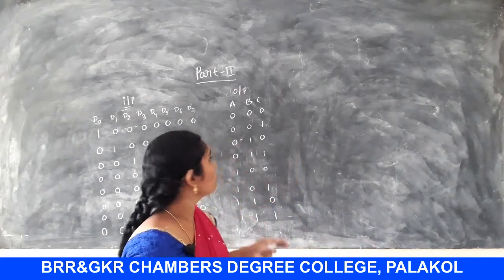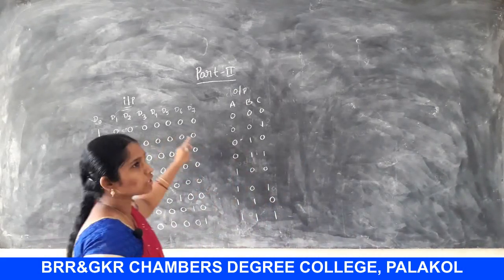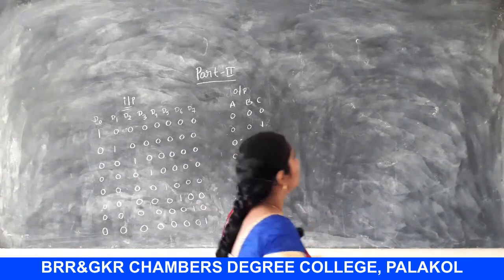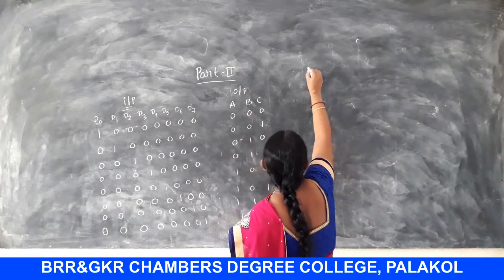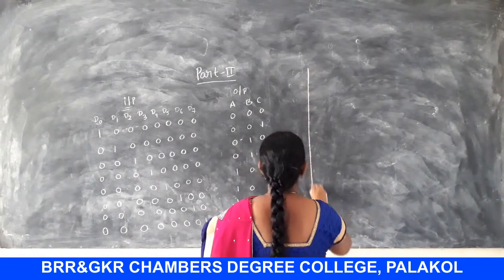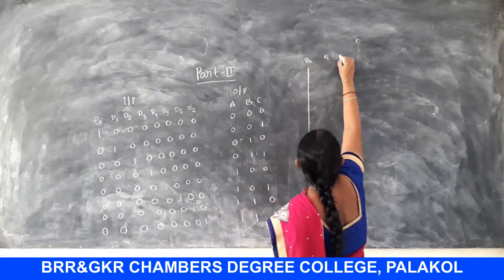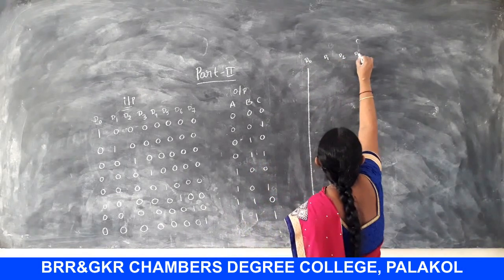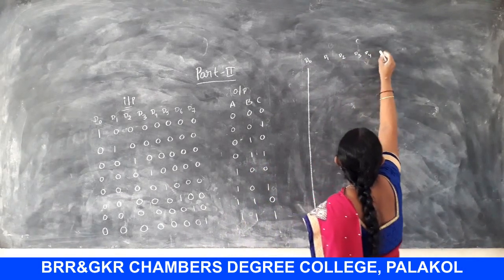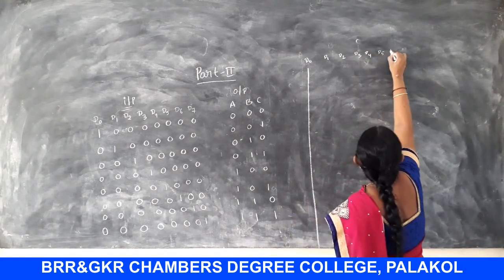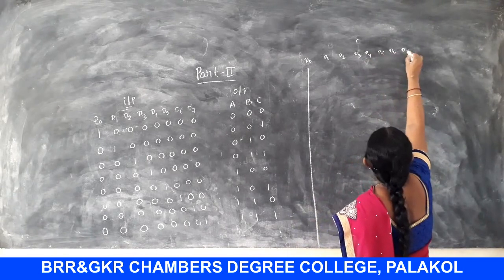Okay. So the number of inputs is 7 inputs. Those inputs are D0, D1, D2, D3, D4, D5, D6 and D7.